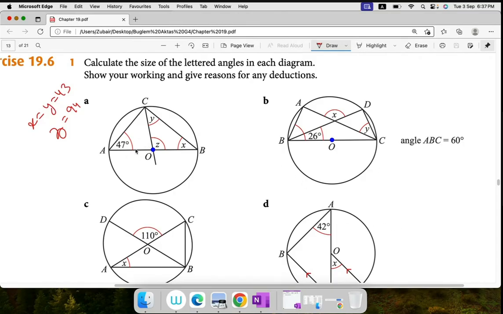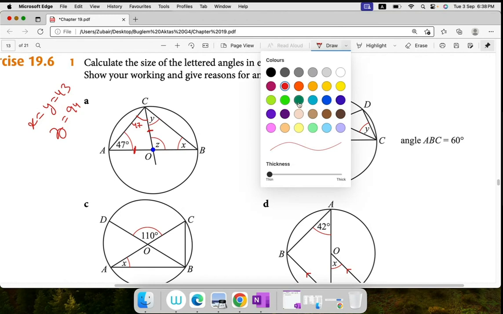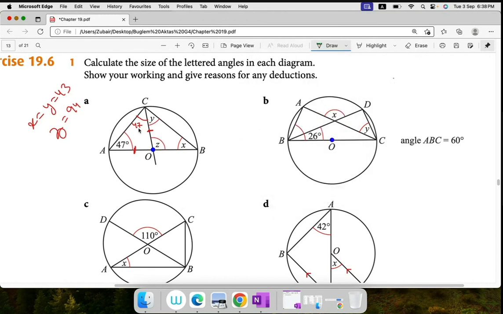Do you agree that this OA and this OC is radius? Yeah. So this should be 47, isosceles, right? Yes. Secondly, if these two are 47, I can just subtract these two to find this angle, which is 86.